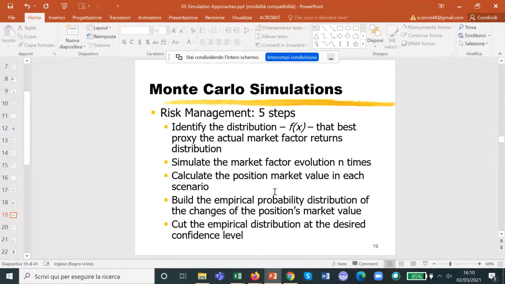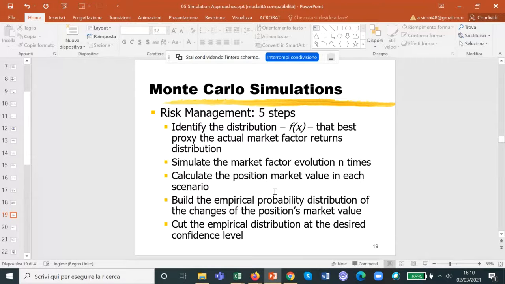Then we simulate, based on this assumption, the evolution of the market factor many times. We compute, as we did with historical simulation, the market value of our position in each of these simulated scenarios.